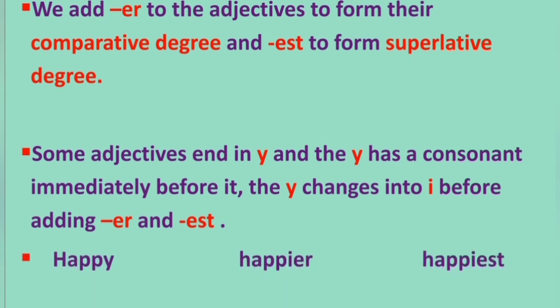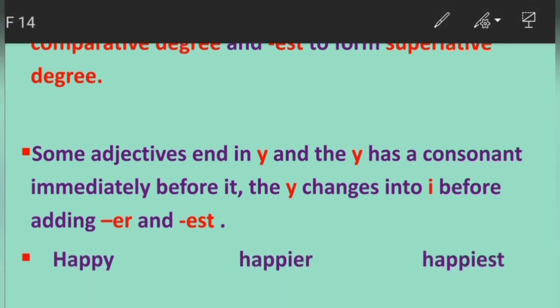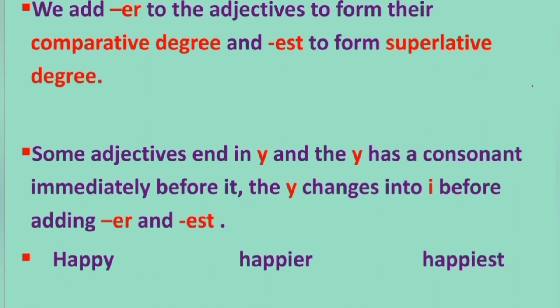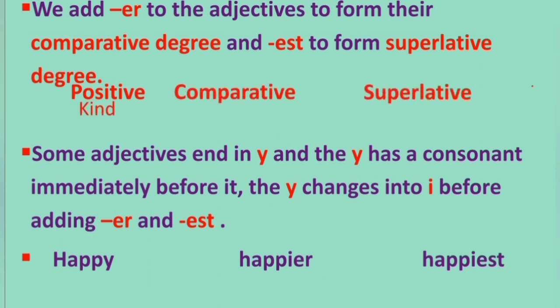For example, happy, happier, happiest. You can see, in the positive word we add ER to make it comparative and EST to make it superlative.